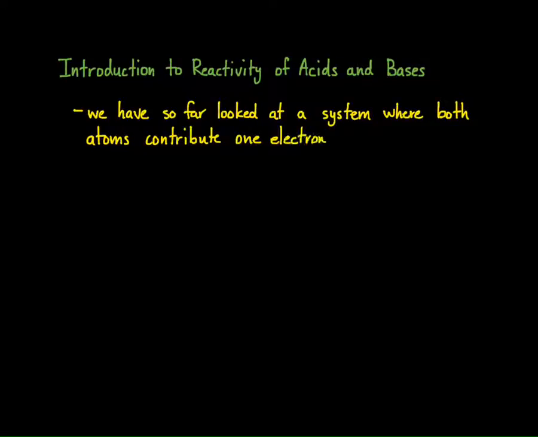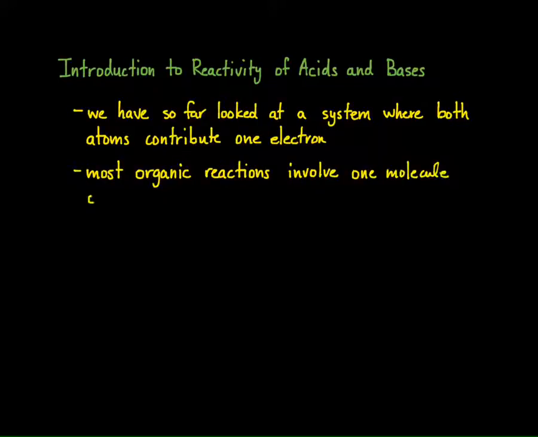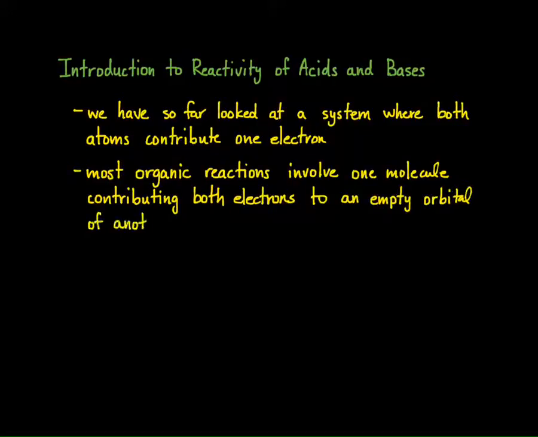So hydrogen, you have two hydrogen atoms coming together, each has one electron. In general, and in most organic reactions, we don't have one electron. We have one molecule that contributes both electrons to an empty orbital of another molecule.